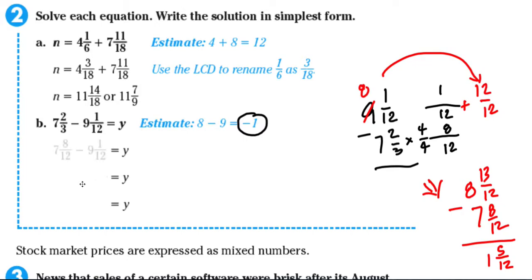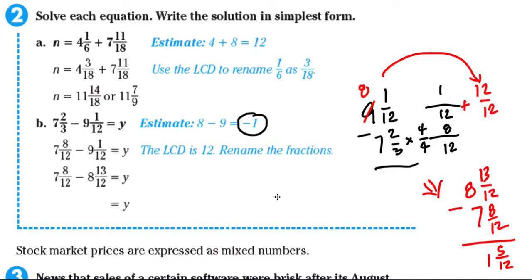Okay? We renamed 8 over 12 minus 9 and 1/12 using LCDs. And then we simply renamed 9 and 1/12 to become negative 8 and 13 over 12, like what we did here. We subtracted and we got negative 1 and 5 over 12.